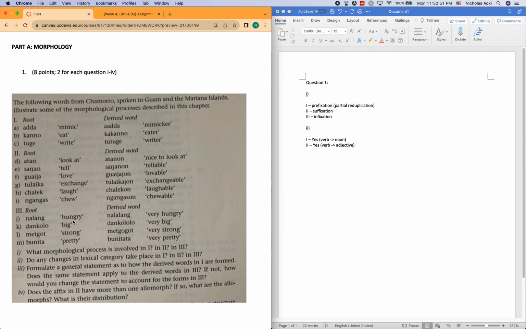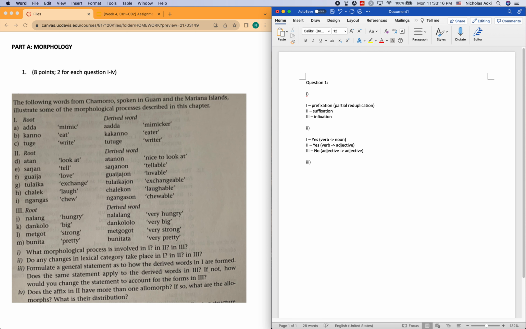We have adjectives on the left-hand side, but notice that we also have adjectives on the right-hand side. So hungry and very hungry are both adjectives, but very hungry is just a more extreme version of the adjective. So for number 3, the answer is no, because we're going from an adjective to an adjective. Okay. That was number 2.